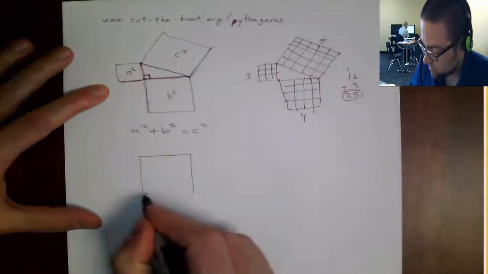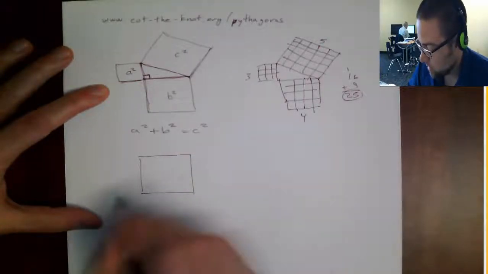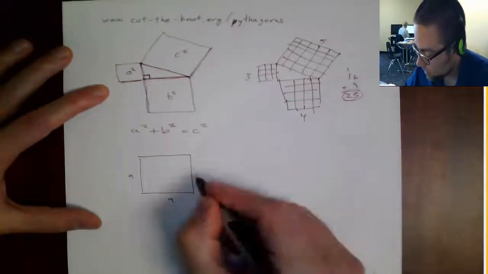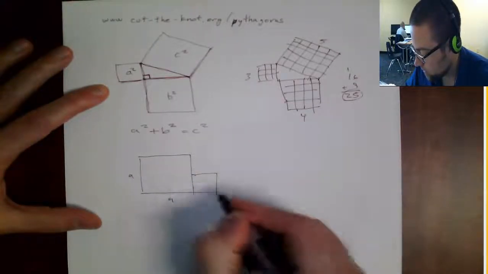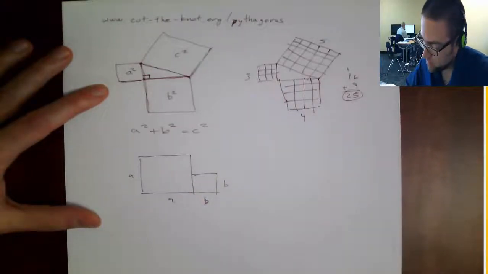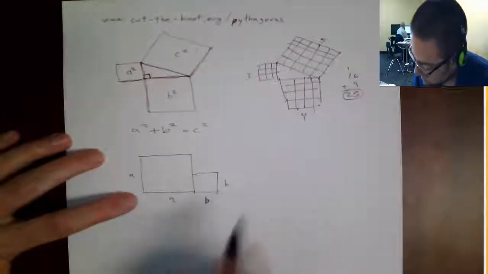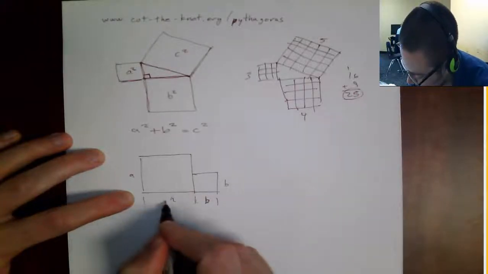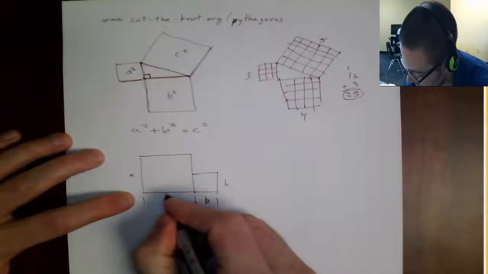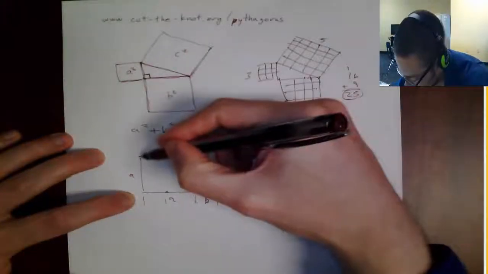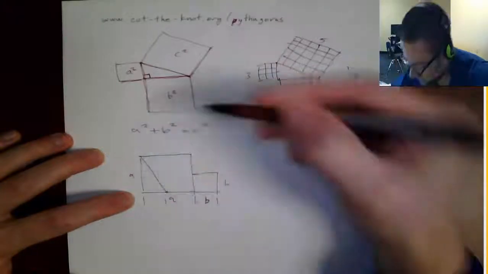So we want to make it general, so this is a square that's a by a, and I'll make another square over here that's b by b. Now if I threw this distance right here, b, over here, if I cut it off of this square, I made that distance b, and I drew my right triangle in there.